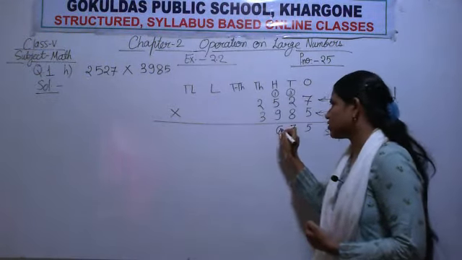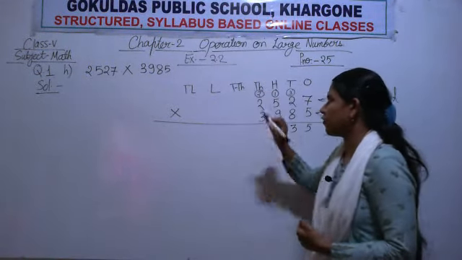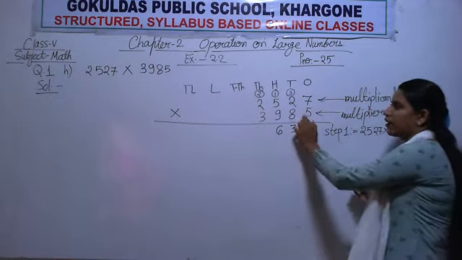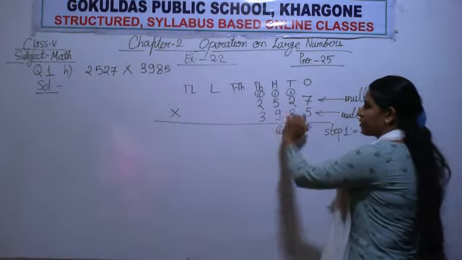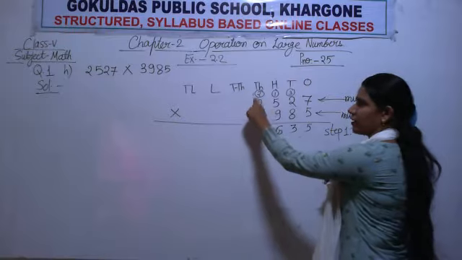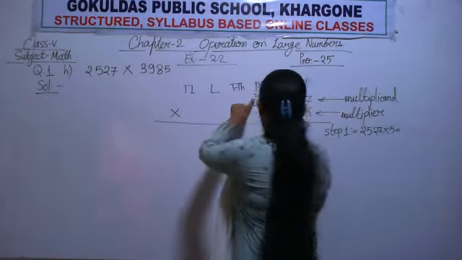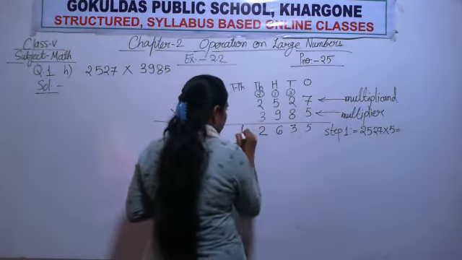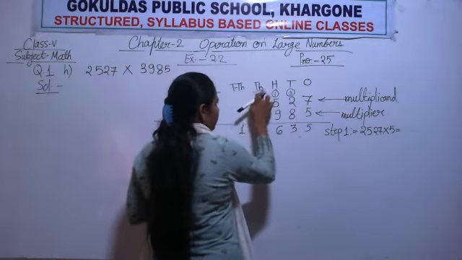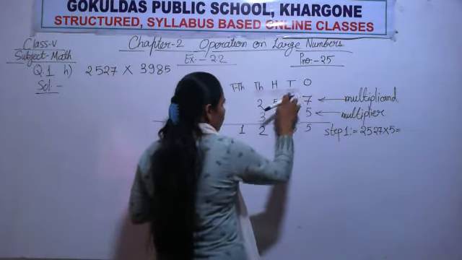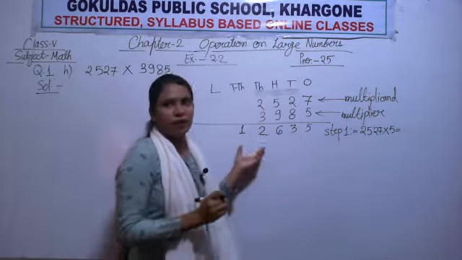So you will write 6 over here, and 2 is carried forward. Now multiply this 5 by 2. 5 twos are 10. 10 plus 2, 12. So you will write 12. Okay. Now our first step is done.